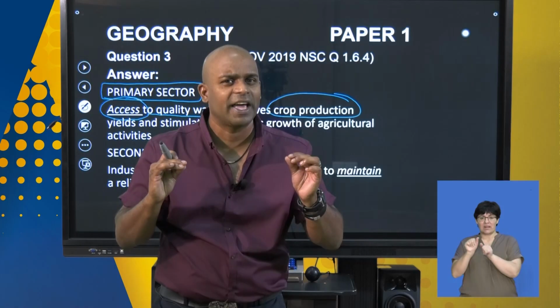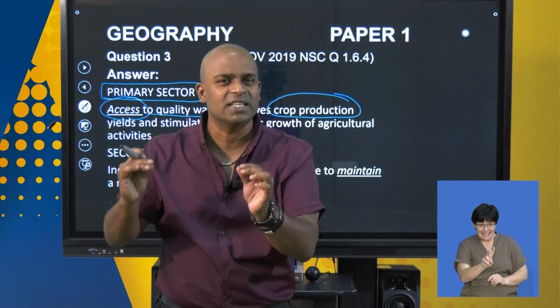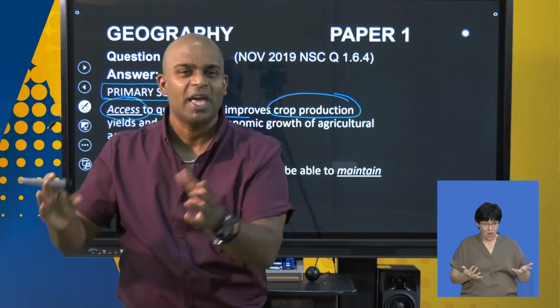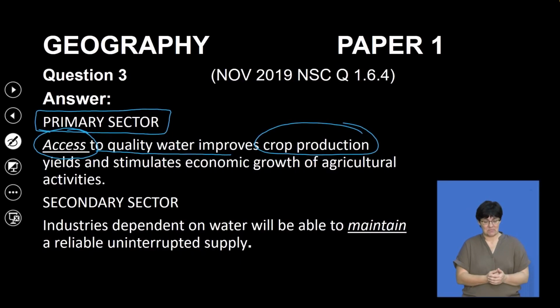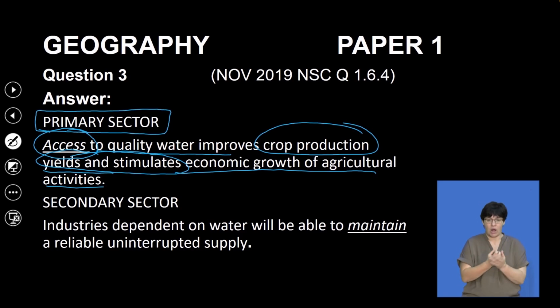How am I qualifying it, guys? Can you see these words and how you need to place them in order to get the response that is desired? Look at the next one. On the same point, the sentence continues: yields and stimulates economic growth for agricultural activities.